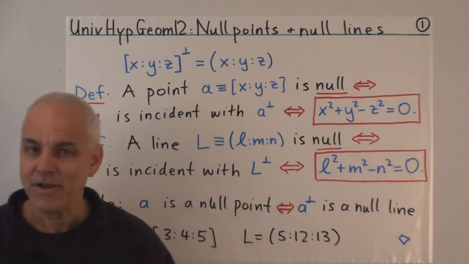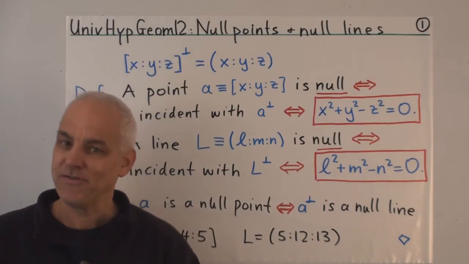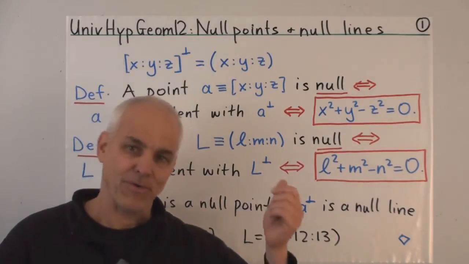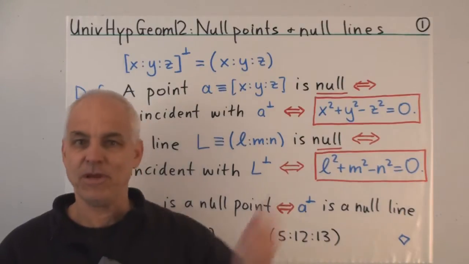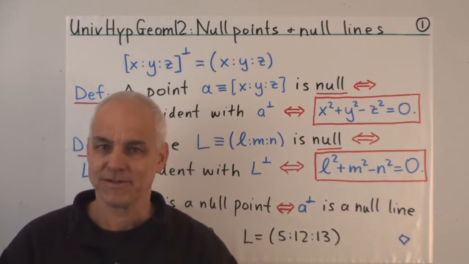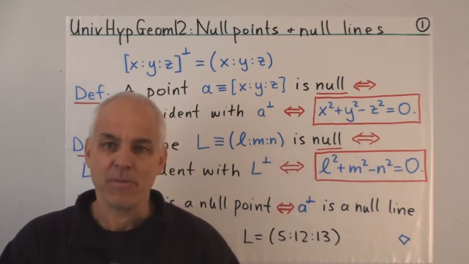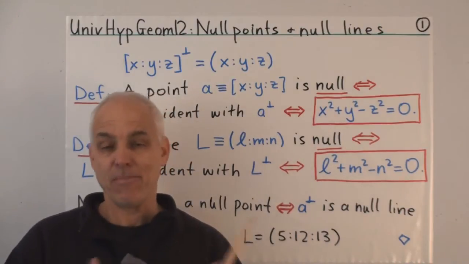It turns out that null points and null lines are mathematical equivalents of photons in physics. A photon is a particle that essentially gives us light, and it travels at the speed of light, and it has 0 mass. So it's kind of free from the constraints of these other grubby particles like electrons, protons, neutrons that make up ordinary matter.